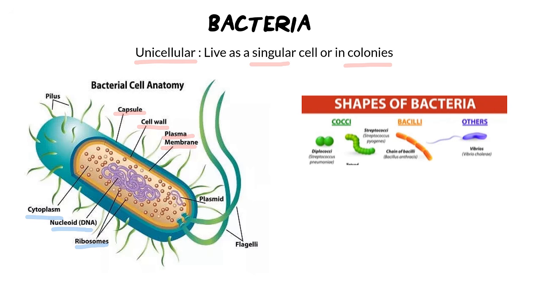What they do have, which makes them very unique, and that's why I'm going to highlight them in a different color, is they have structures called plasmids. Now, plasmids are really important because they allow bacteria to undergo replication a lot faster, and they also allow them to adapt to their environment. And we'll talk about that in another video about why the plasmid is so important.